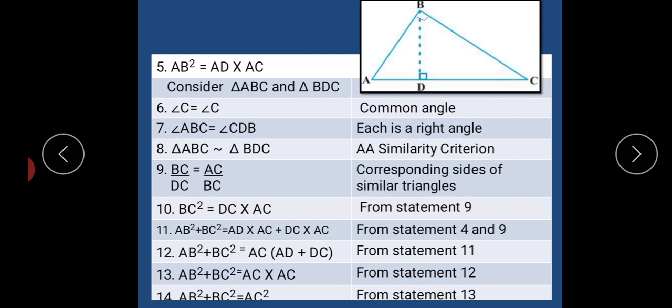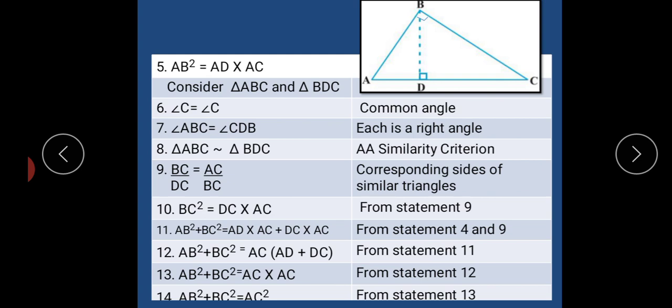Now you will say there are 14 steps in this theorem, so it is the most difficult theorem. No. First of all, two steps can be reduced. The sixth and seventh statements are not compulsory. You can say similarly, triangle ABC is similar to triangle BDC. Directly you can write that. You can avoid the sixth and seventh statements. But the eighth and ninth are very much required.